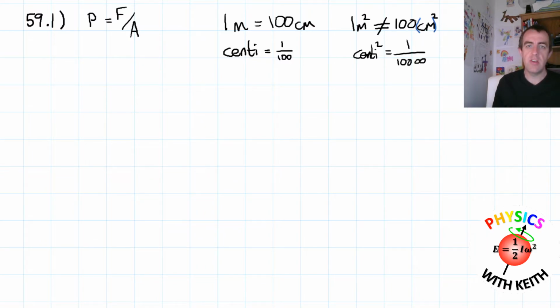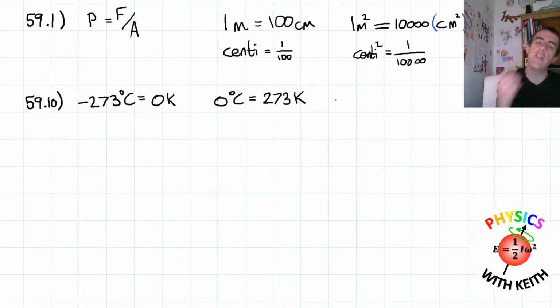And 100 times 1/10,000th is not 1. In fact, it's 10,000. It's 10,000 because 10,000 times a 10,000th, which is what centi squared is, a 100th times a 100th, is equal to 1. So now you know how to convert your areas. And with volumes, you do a similar thing, but the centi would be cubed.